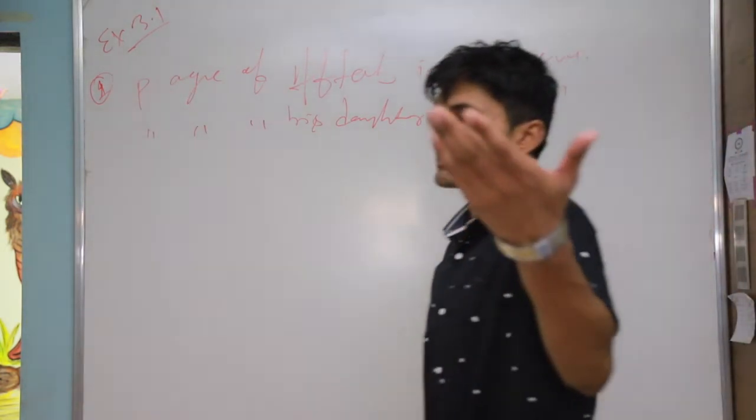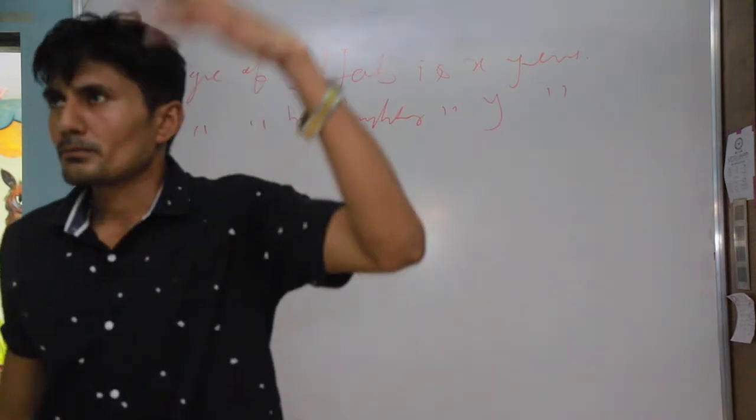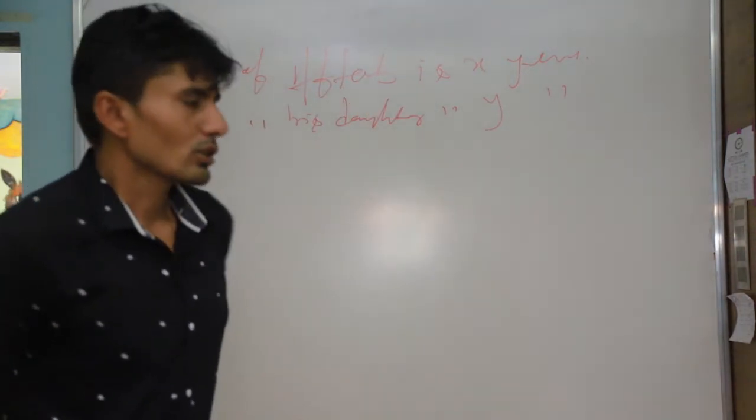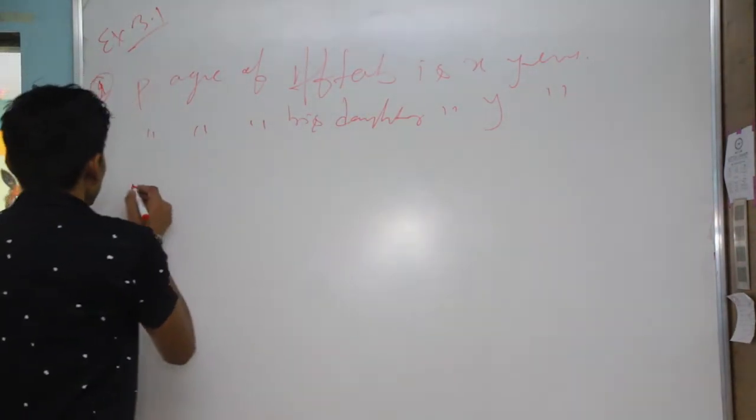Ago means पहले. 7 years ago means 7 years पहले, 7 साल पहले. तो 7 साल पहले क्या हो जाएगा ये?